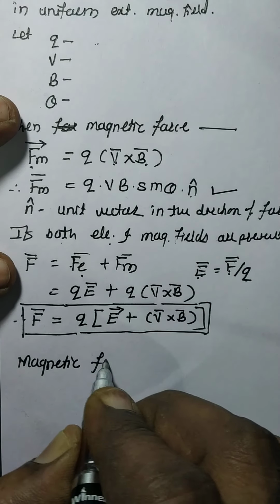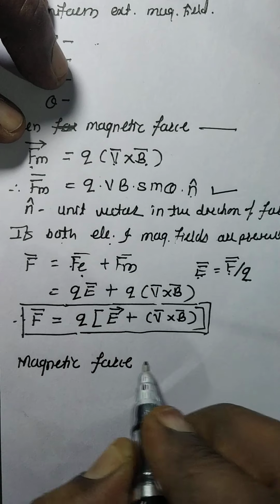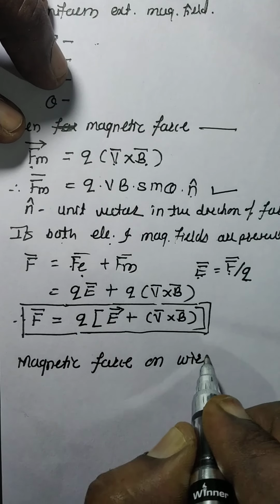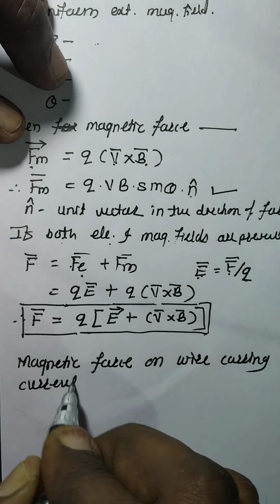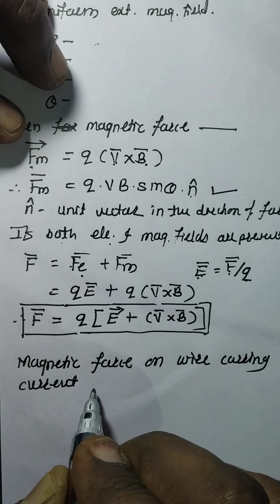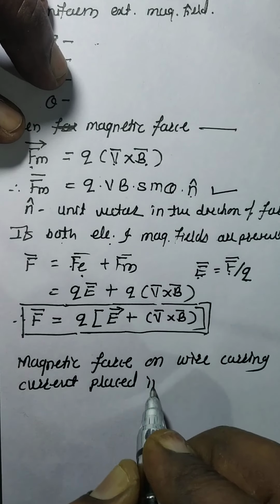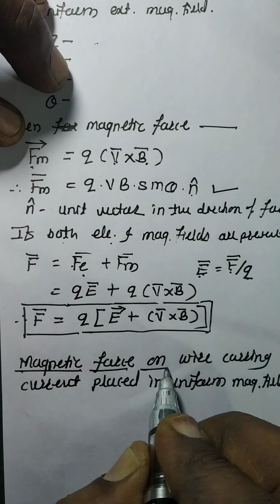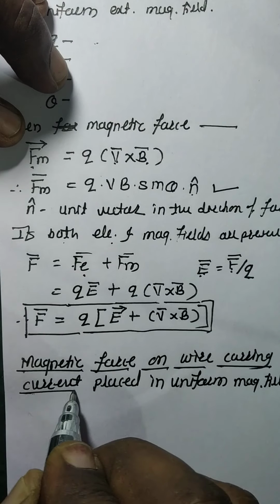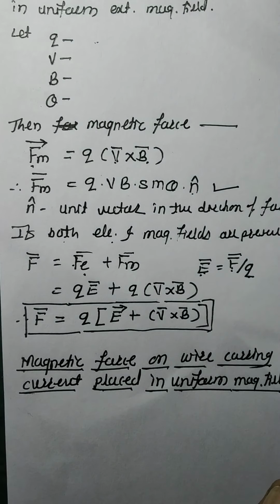Magnetic force on a straight wire carrying current placed in a uniform magnetic field. See, one more term: magnetic force on a wire carrying current in a uniform magnetic field.